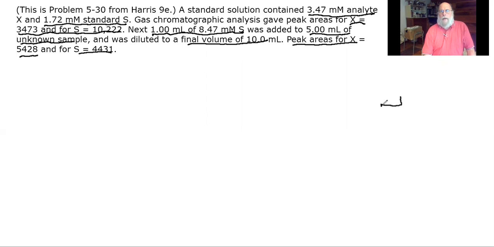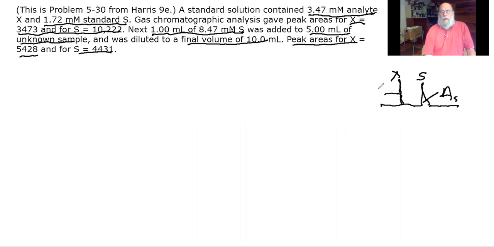It's used a lot in gas chromatography and other sorts of places, but what you have instead of added analyte, you have some other standard material, we'll call it S, and it'll have some peak area.